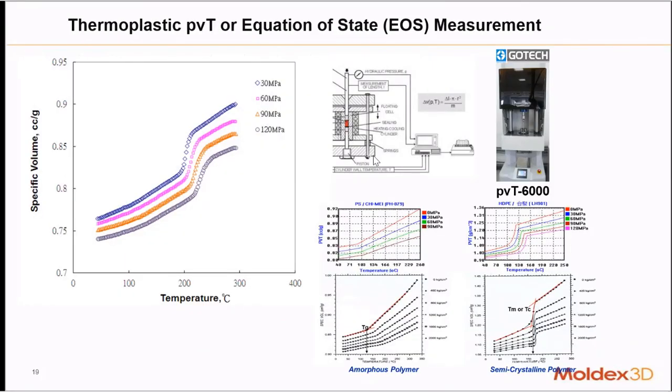And the second important property is the PVT. Usually we measure the equation of state to describe the relation of specific volume versus temperature and pressure.